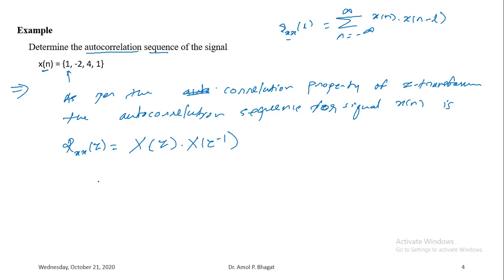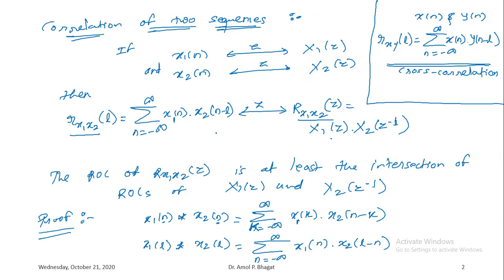Basically, we are identifying this autocorrelation in the z domain, that is Rxx of l. This is the Z transform of the autocorrelation sequence, as per the correlation property.